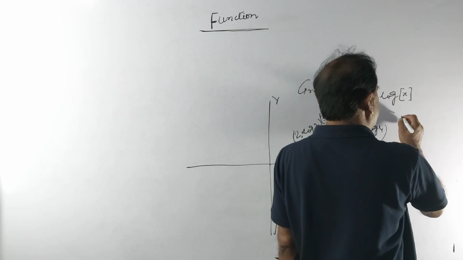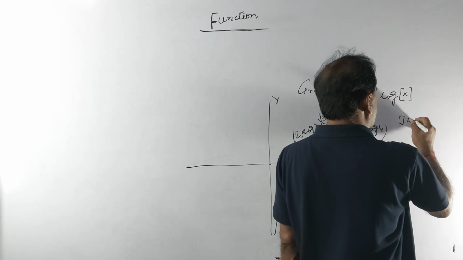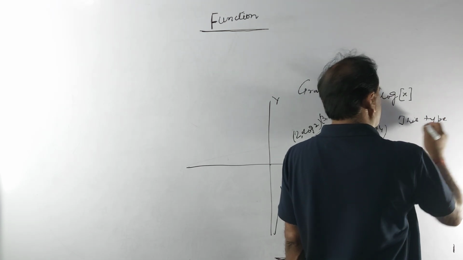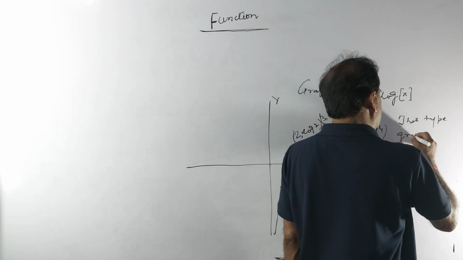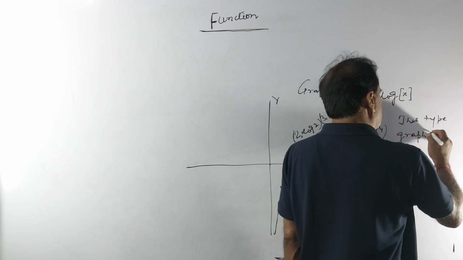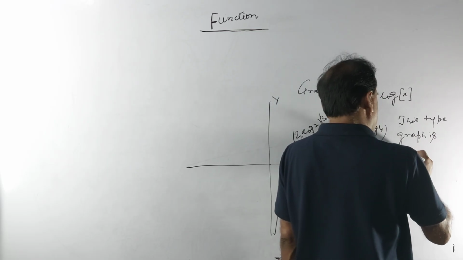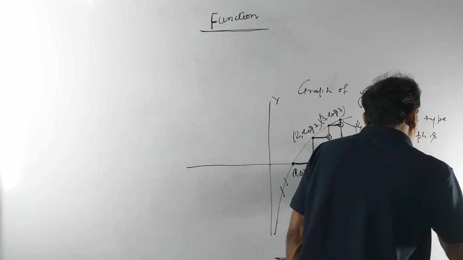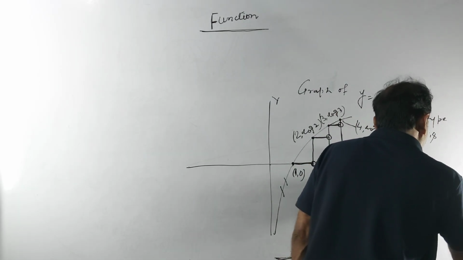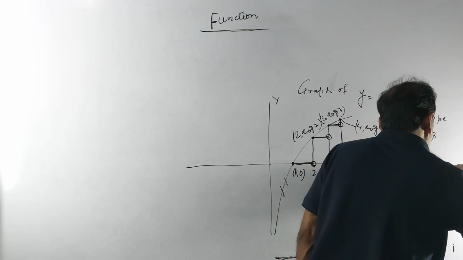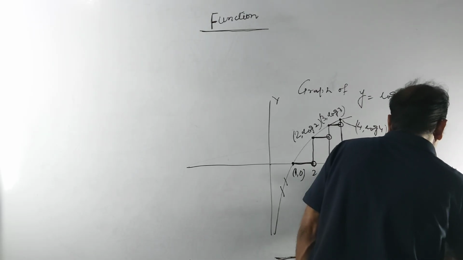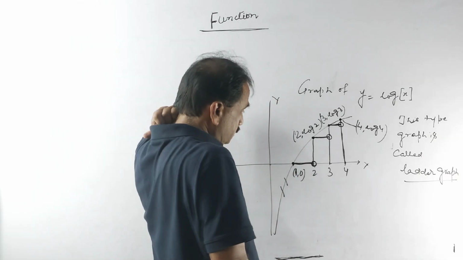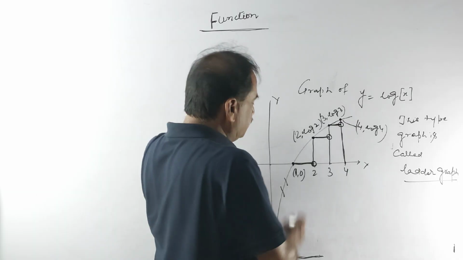So we can write that this type of graph is called a ladder graph, because this graph appears like a ladder.